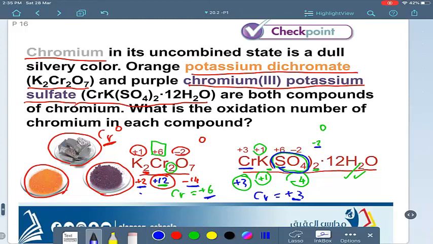If you have oxygen negative 2 times 4, negative 8, what you have to make for sulfur, to make the overall negative 2 for SO4 only, is positive 6.